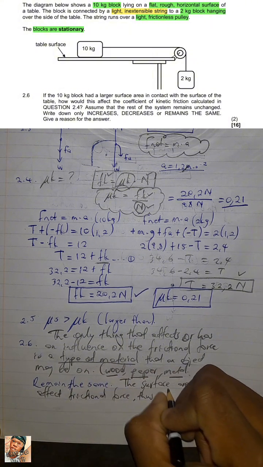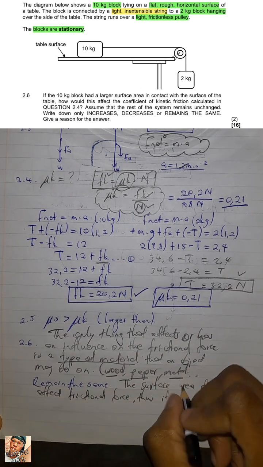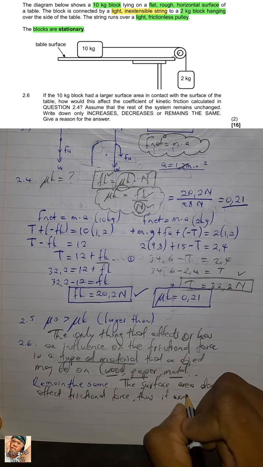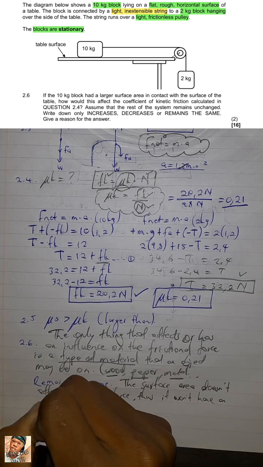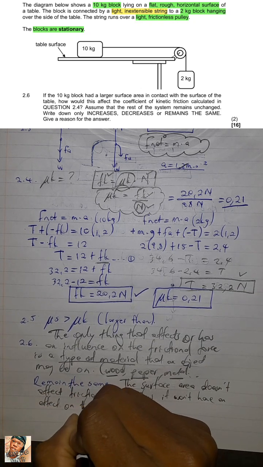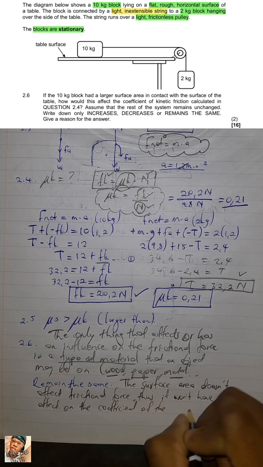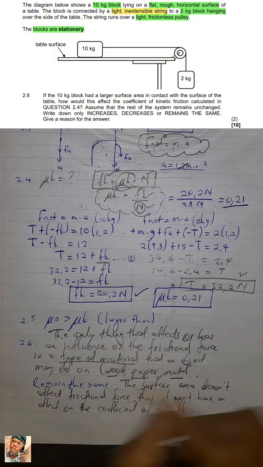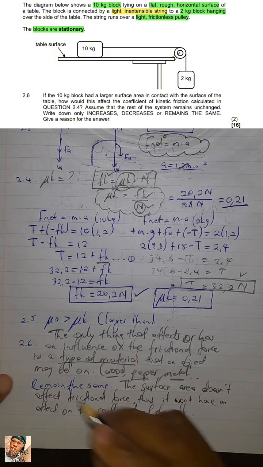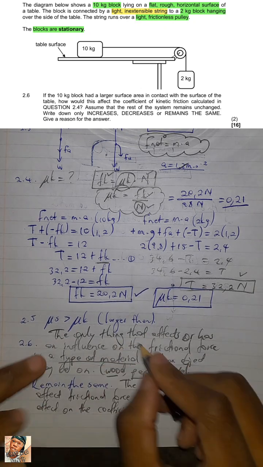Thus it won't have an effect on the coefficient of the kinetic friction. So you can either write this reason or this one. By the way, this is just going to be in 2 lines. So you're going to write remain the same and this reason, which is just going to be in 2 lines. Okay, so it's not going to be as long as it looks here.